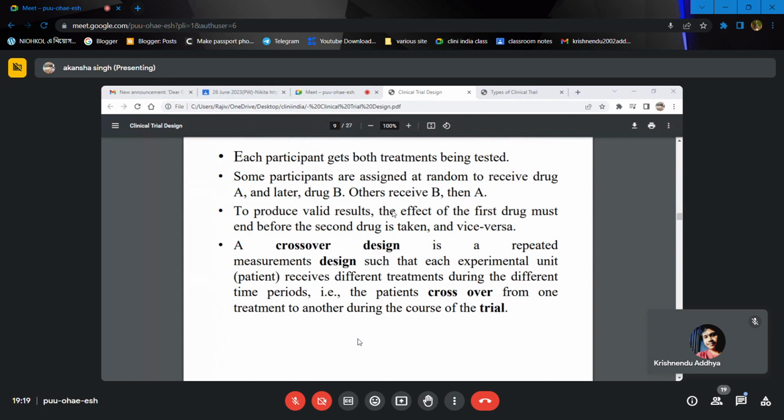Now crossover. We'll see crossover with the help of a diagram. Are you able to see the diagram? No, ma'am. Okay, just wait.